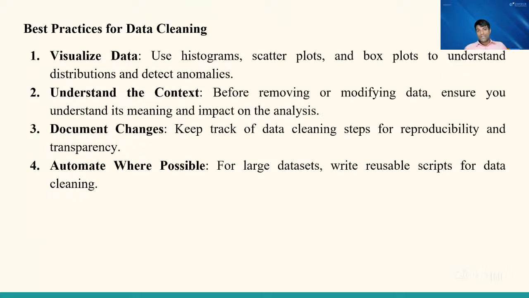The best practice for data cleaning is that it is very important first to visualize the data, particularly by creating a histogram. We also use something called a distribution plot. Distribution plots, histograms, scatter plots, and box plots help you understand whether the data follows a normal distribution, and whether it is symmetrical or not.